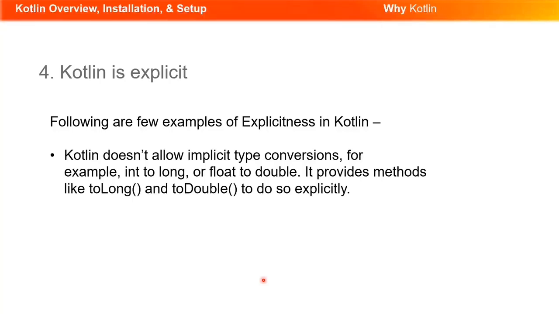Quite often you will pass an integer, and your integer will get converted to a long or a double right in the math function. So in that way, you don't have to worry about doing type conversions with Java. However, with Kotlin, if you want to do a type conversion, you have to call methods like toLong or toDouble, so you have to explicitly run the type conversions.